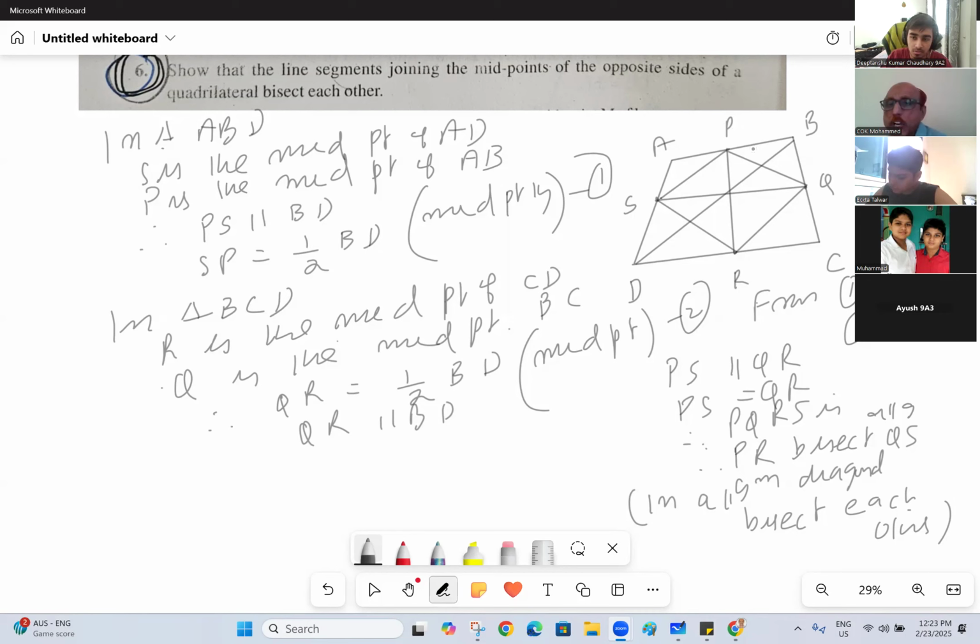Midpoint theorem: the line joining midpoints of any two sides of a triangle will be parallel to the third side and equal to half of it. P is the midpoint of AB, S is the midpoint of AD. Therefore, PS is parallel to BD, PS is equal to half BD. Okay, sir. Same way here, Q is the midpoint, R is the midpoint. So QR is parallel to BD, QR is equal to half BD.